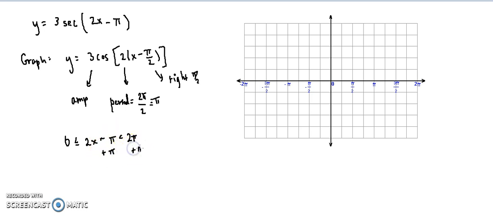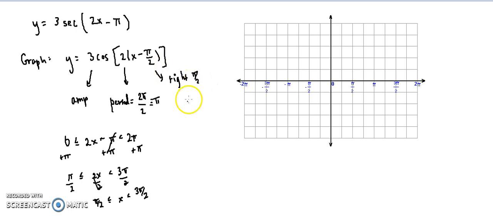So we would add pi to each piece, and we would get pi less than or equal to 2x less than 3 pi, and then we divide everything by 2. And we get that our x values for one period now go between pi over 2 and 3 pi over 2, which is exactly what you'd have here.